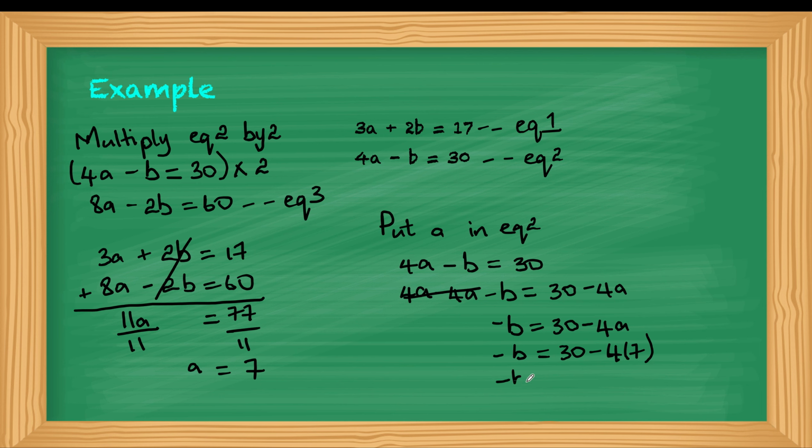So minus b would be equal to 30 minus 28. So minus b will be equal to 2, but we don't want minus b, we want b. So to get rid of the minus sign, we have to divide through by negative 1. So therefore, b would be equal to negative 2. So we have our value for a and we have our value for b.